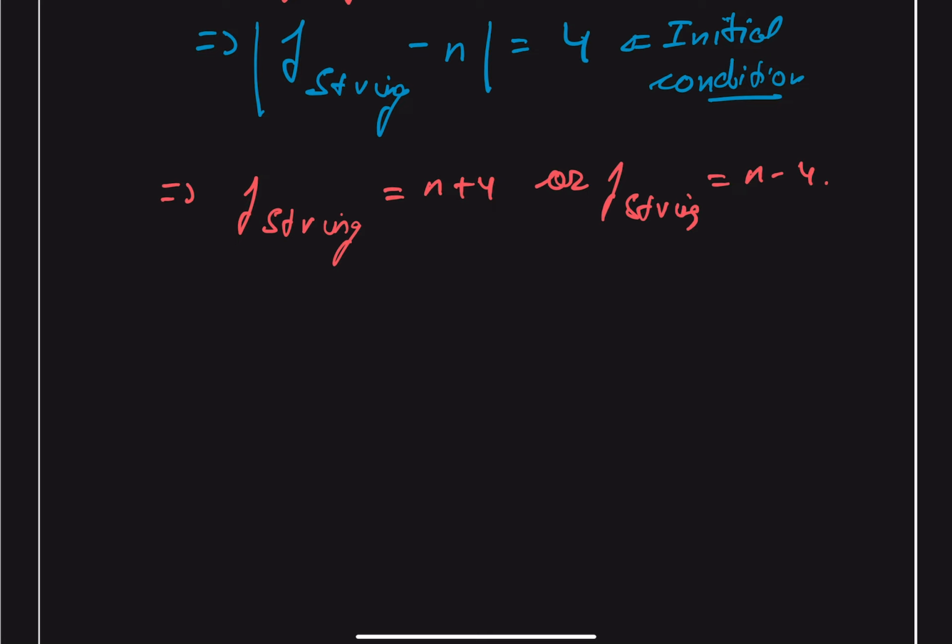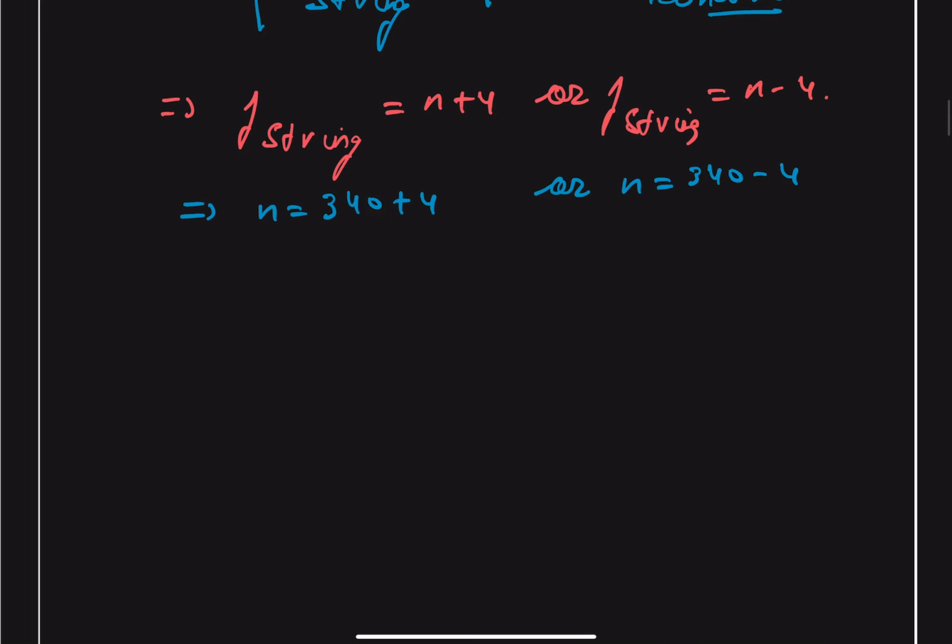So from here we can say that either the value of n will be equal to 340 minus 4, or 340 plus 4. So this gives us that the value of n will be either 344 or 336. So these are the two possible values for n.